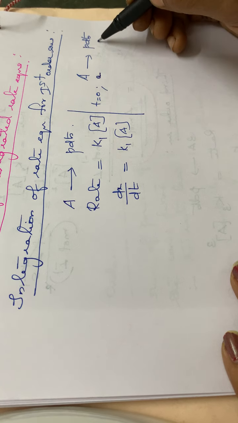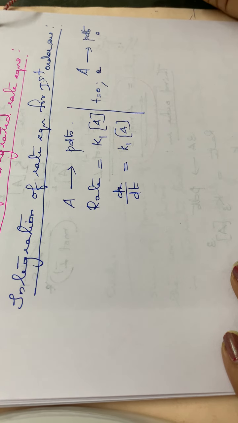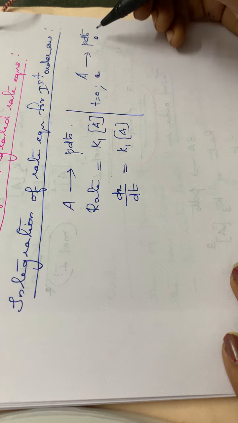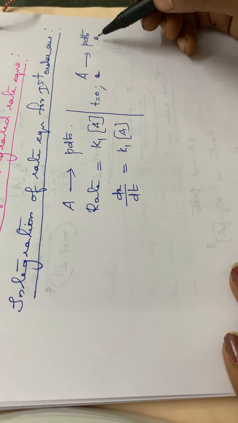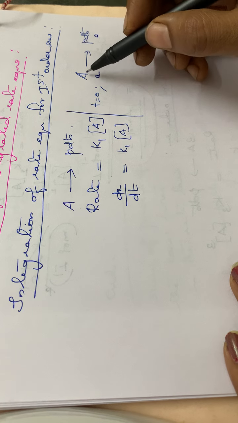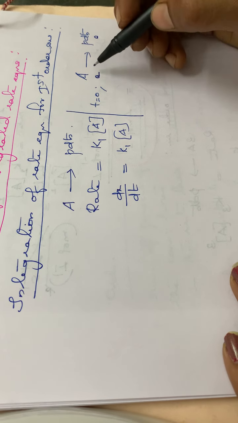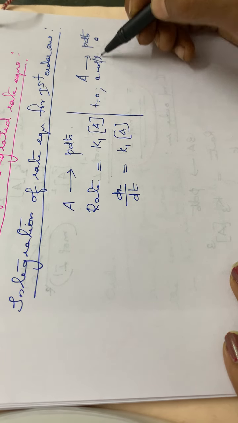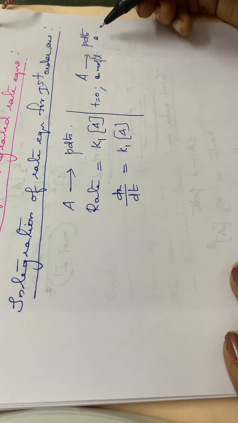At the start of the reaction, what about the concentration of the products? It is 0. There will be no products, isn't it? So when time t is equal to 0, the concentration of A is a moles per liter, and the concentration of the products is 0.